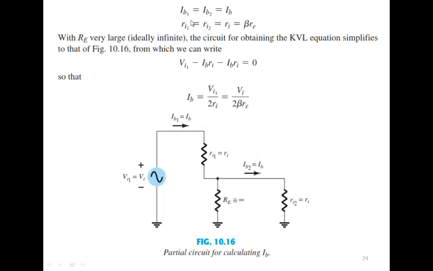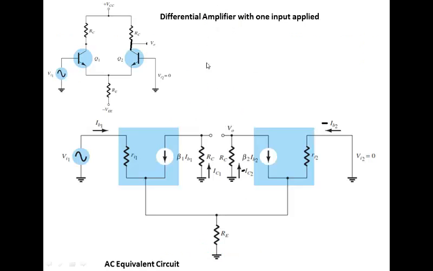So IB1 would be equal to IB2, equal to IB. These two currents IB1 and IB2 would be equal in magnitude because we are assuming that these two transistors are identical. If the two transistors are identical, then the currents would be the same in magnitude.